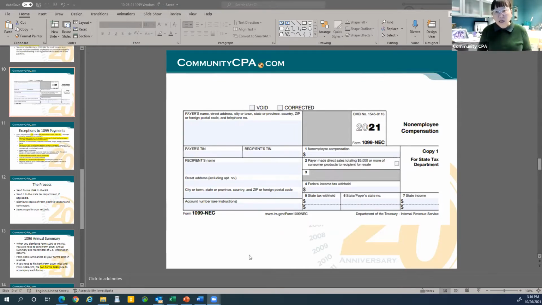Now you want to change or void it, you need to take the same form, mark void, and send it in again, or make a corrected one with a new number. The IRS is actually looking at this to see what your final number is. Obviously, you don't want to correct it more than twice, because then you're going to have corrected, overcorrected. That would be confusing for the IRS to help you.